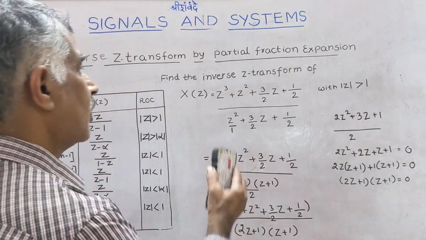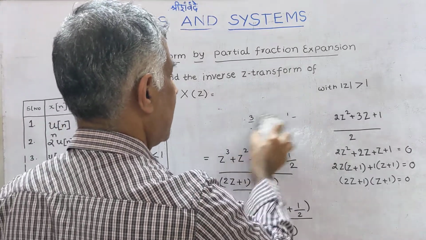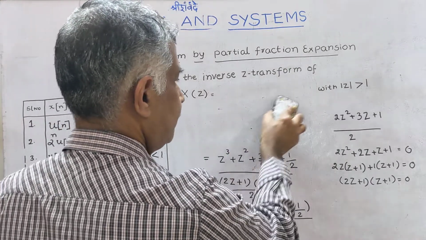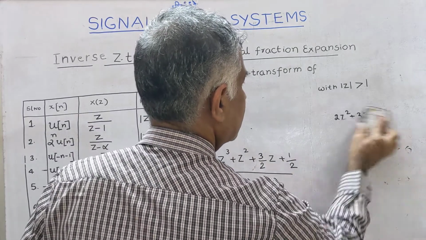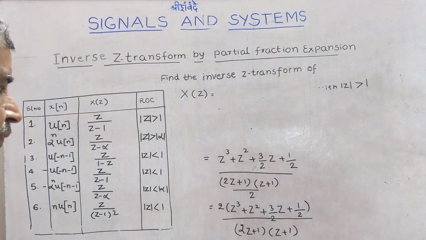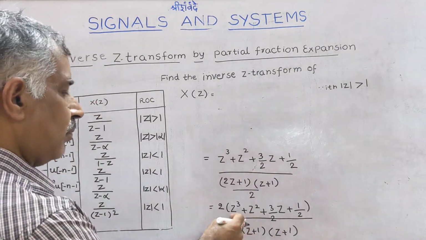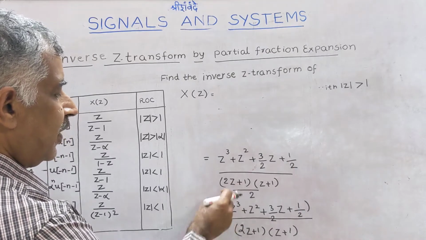Now I will rewrite this. Once again, like the previous problem, I will multiply the numerator and denominator by z.